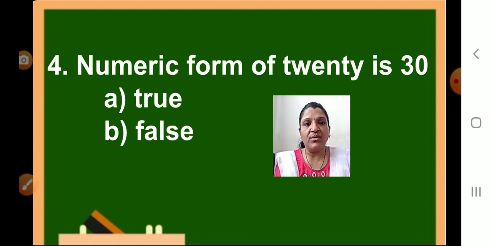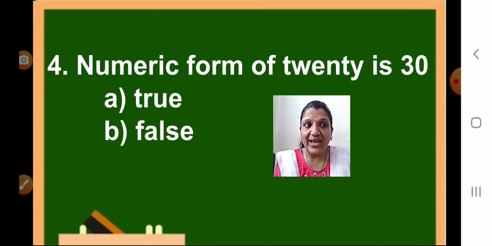Question number 4. Numeric form of twenty is 30. Is this correct, children? Let us read it again. Numeric form of twenty is 30. What is 30?